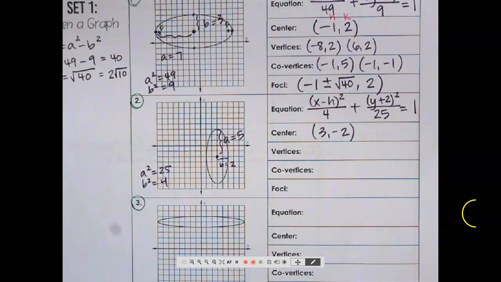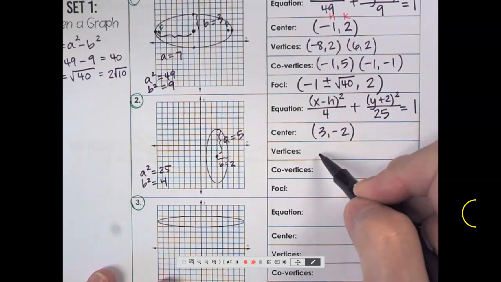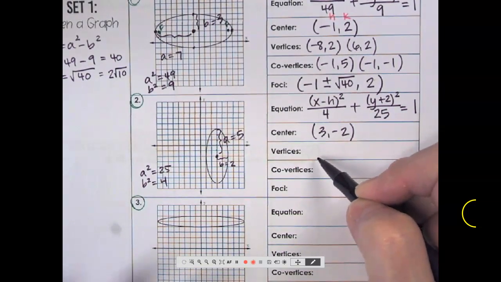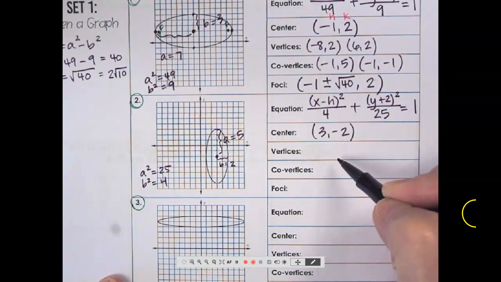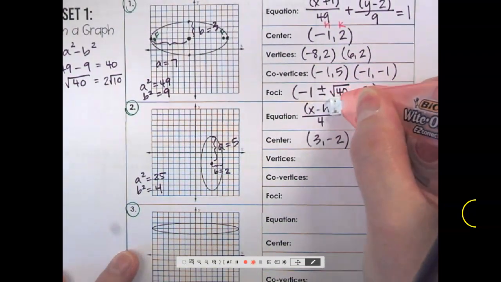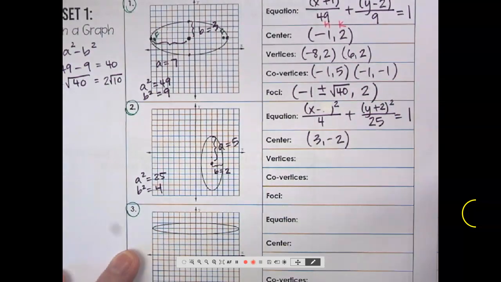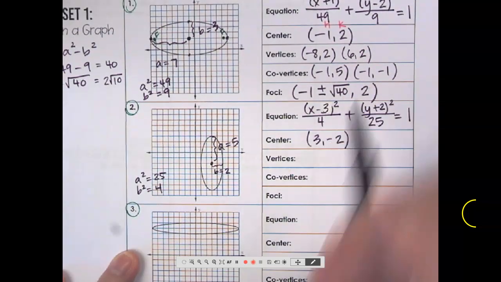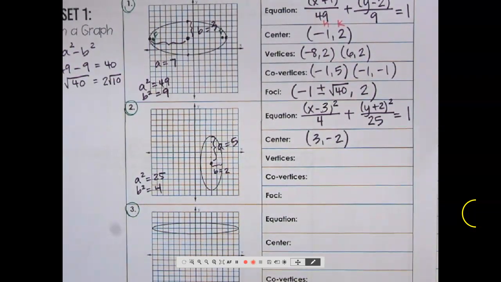Oh yeah, I didn't write in the h, did I? I just said h. Thank you. Let's actually fill that in and make it a 3. There we go. Thank you.